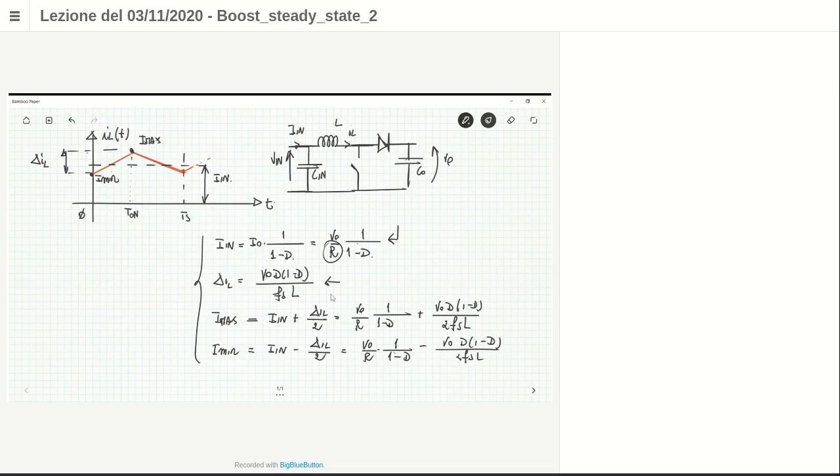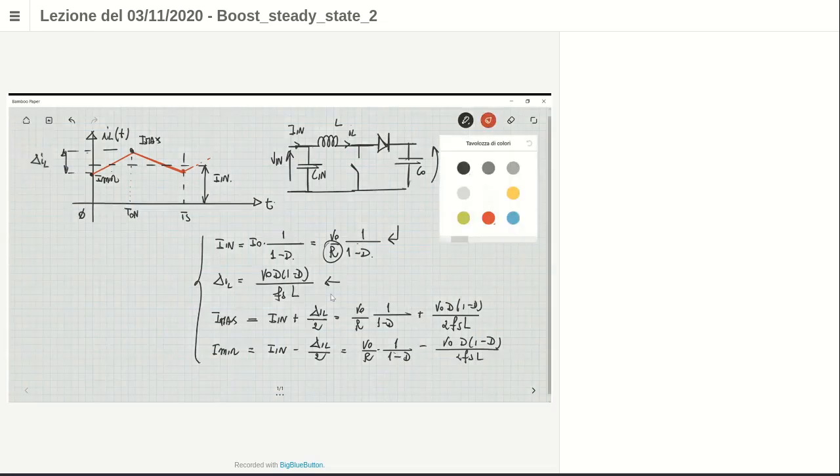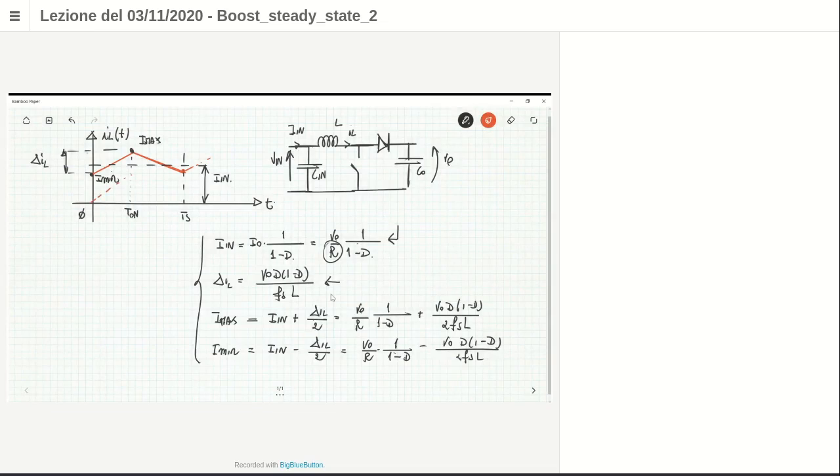So in that situation, increasing the load resistance, at a certain point a situation occurs in which you have the current like this one, increasing R. That situation is known as the critical situation.